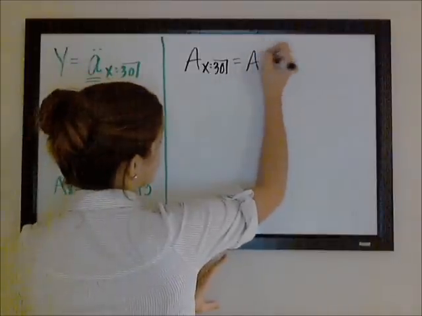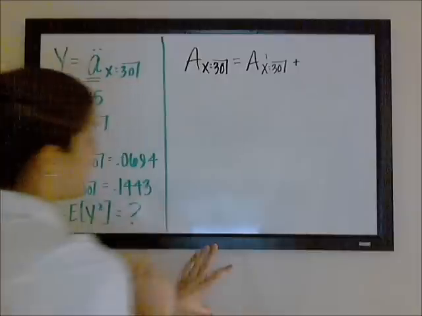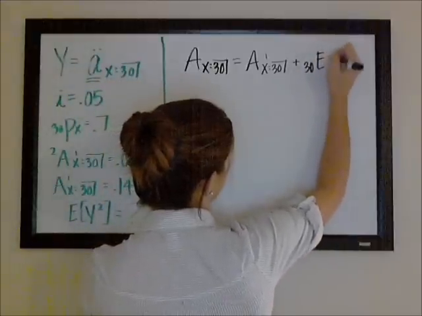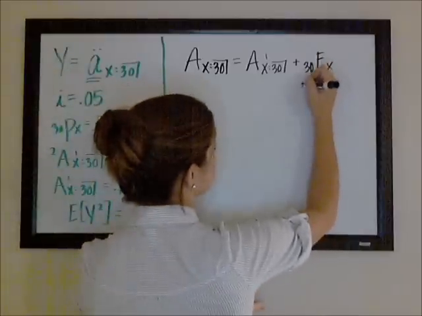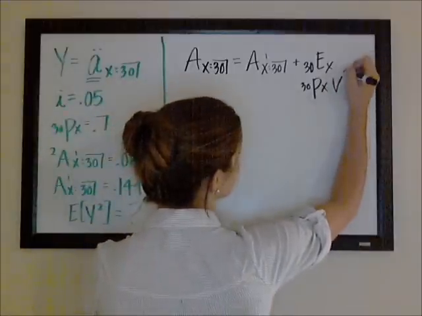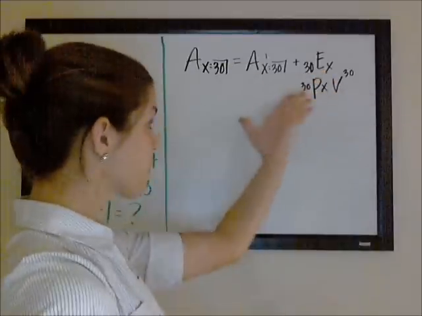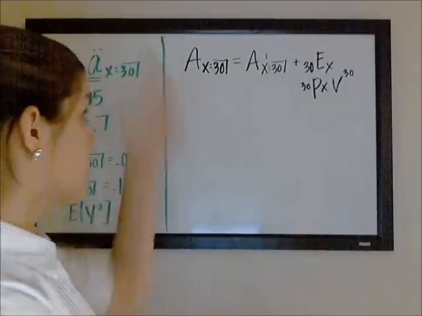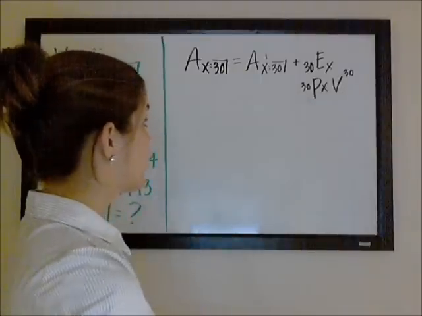I know that the endowment insurance is the term insurance plus a pure endowment, 30EX, which is 30PX, the probability that you live 30 years, times v^30, discounted back for 30 years, because this pure endowment is a payment of 1, so the benefit is 1 for certain if you live to that point, and then we're discounting it back to the present.